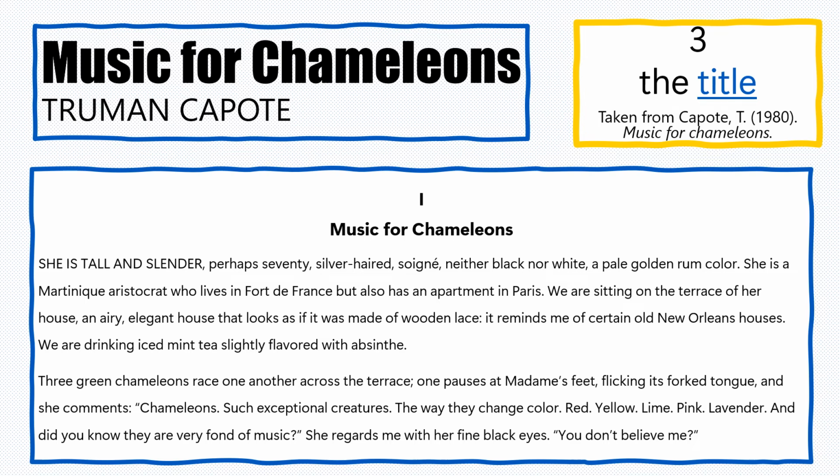Here we have the text, and when we read, we find the part where the Martinique aristocrat says the chameleons are exceptional creatures, and she answers Truman Capote that she knows they are very fond of music.